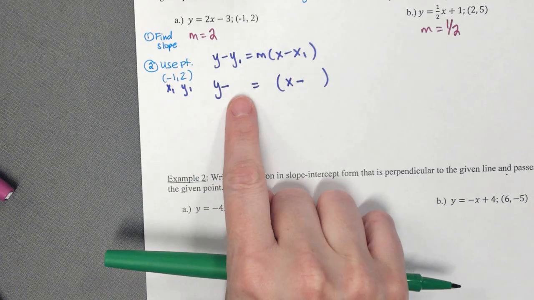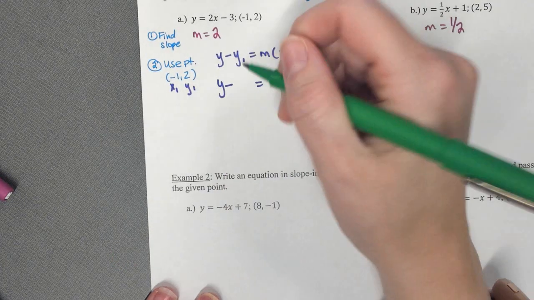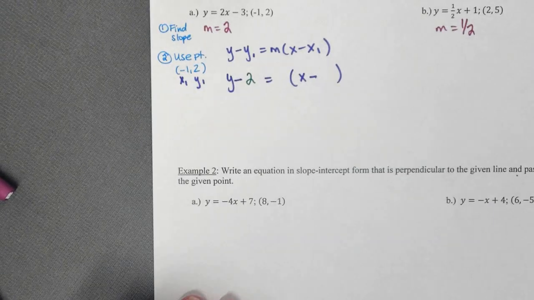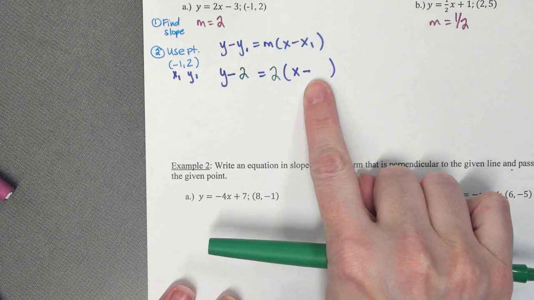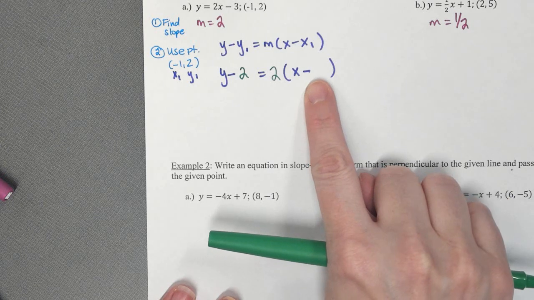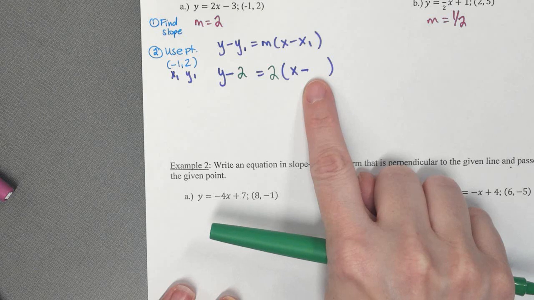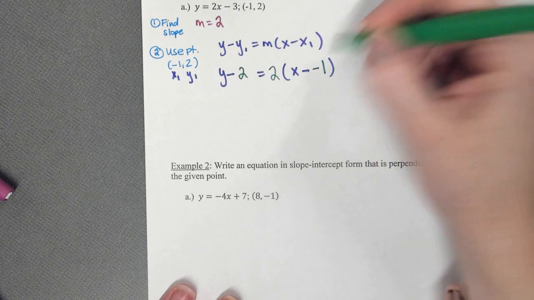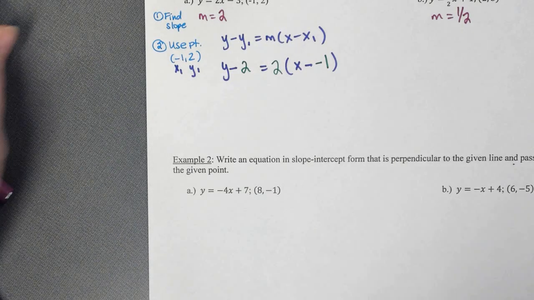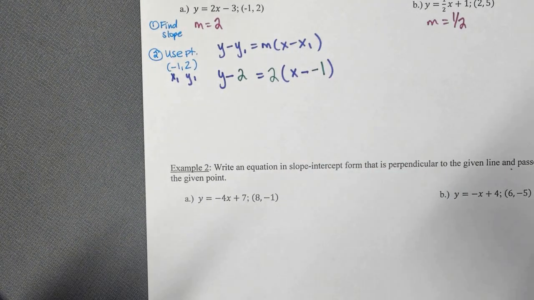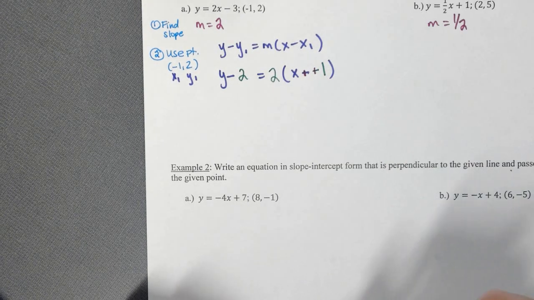Okay, and then Stacy, can you tell me what you plugged in here, please? Yep, so it's y minus 2. The m is 2. Okay, and then Gabe, what did you plug in here? Did you plug in 1 or negative 1? Okay, yep. And then once you guys do that, if you plug in a negative and you see this minus a negative, remember, if you have a double negative, that's when you change it to a positive.